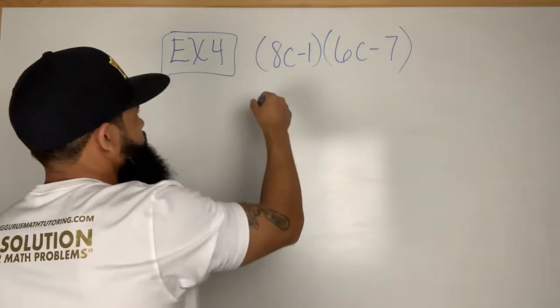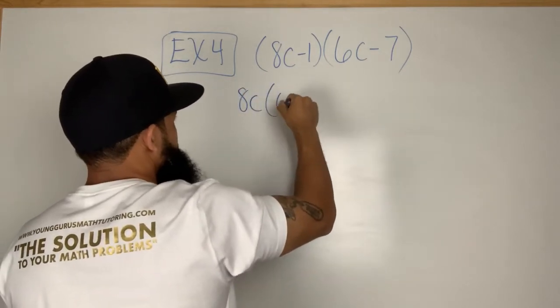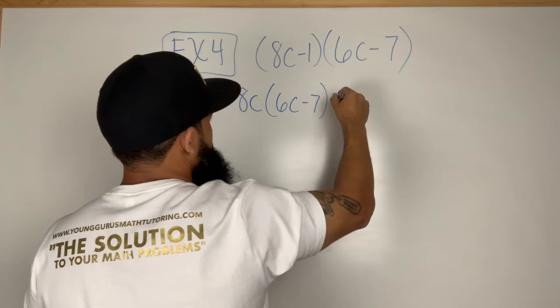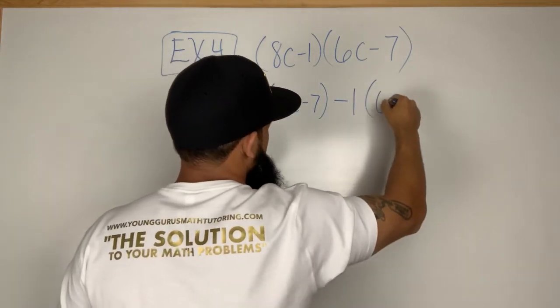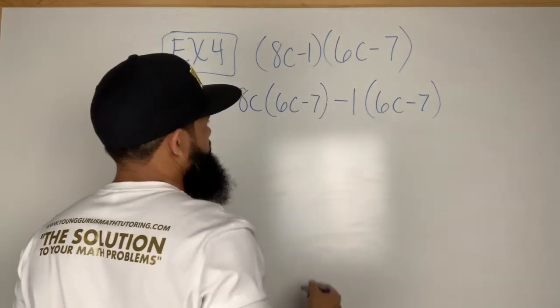Same thing here, I'll do distribution. I'm going to take 8c and distribute that to 6c minus 7, and then minus 1 times 6c minus 7. Notice I put minus 1 because that's a minus term.